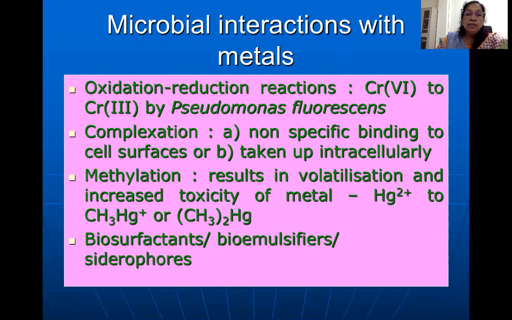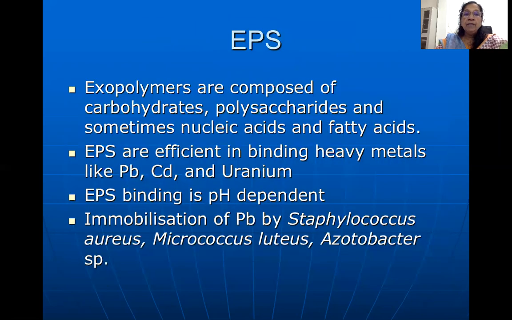Then we have other substances like biosurfactants, bioemulsifiers, and siderophores, which help. These biosurfactants, bioemulsifiers, siderophores, or the metal chelating proteins are produced by the microbes extracellularly and they interact with the heavy metals. So, what are extracellular polymeric substances?